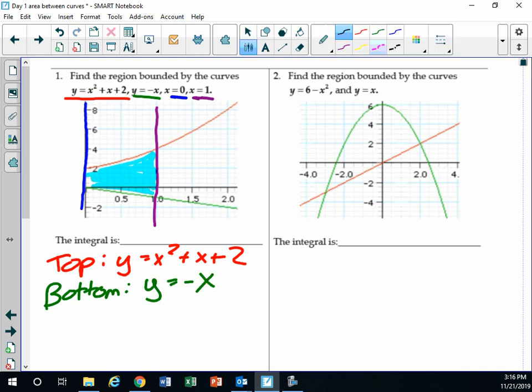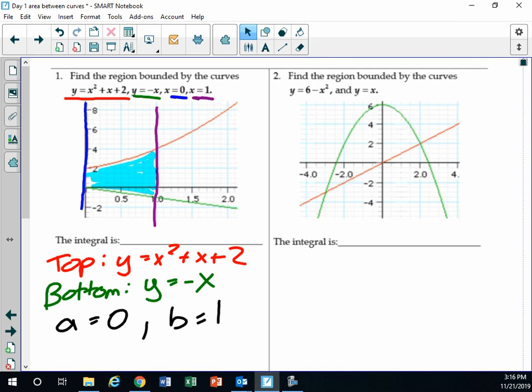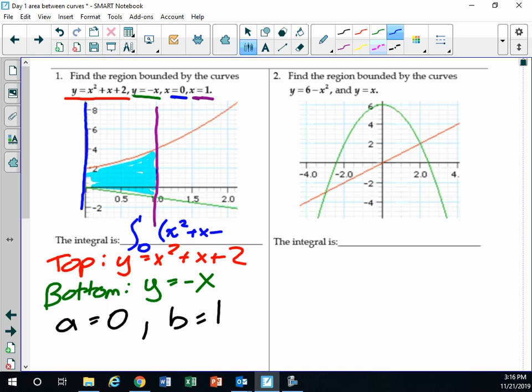And my A is my very first x value, which is 0. And my B is my very last x value, which is 1. So my integration, ladies and gentlemen, is going to be the integration going from 0 to 1 of my top, x squared plus x plus 2, minus my bottom, negative x, dx.